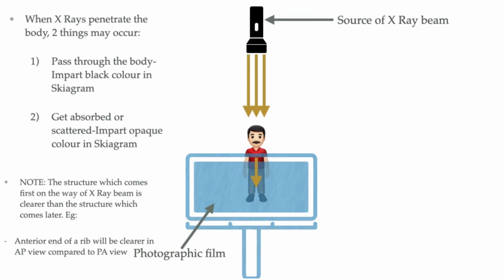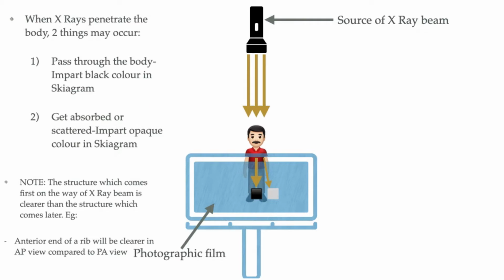When this occurs, black shadow is imparted on the photographic film. Some of the X-rays, while passing through the human body, may get either absorbed or scattered on their way before they reach the photographic film. When these rays with the reduced intensity reach the photographic film, they impart white shadow on the photographic film.